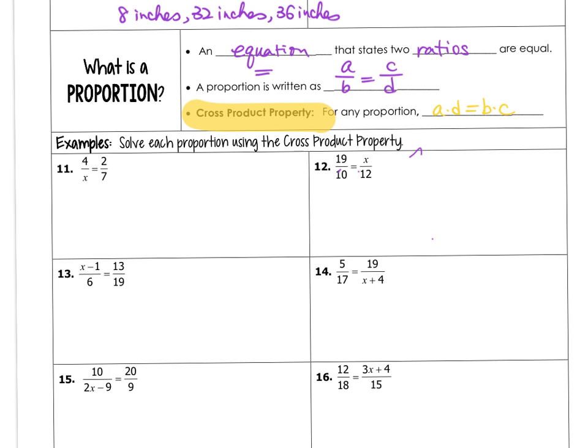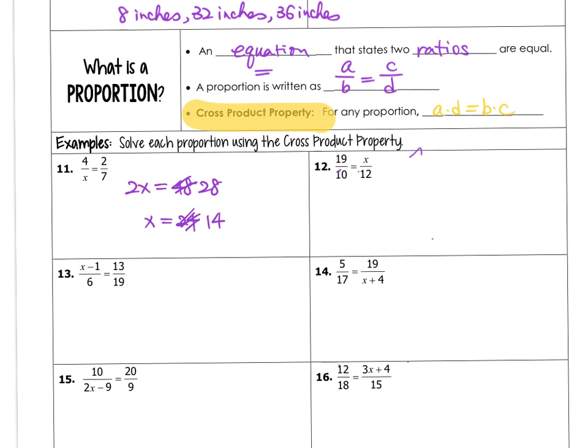So all you need to do is you see a proportion, you cross multiply, so it's 2x equals 28. X equals 14.